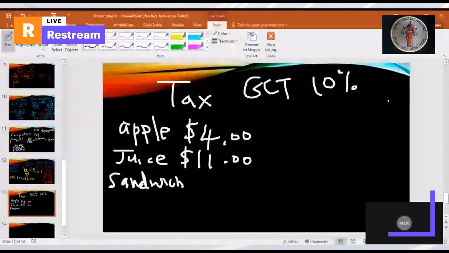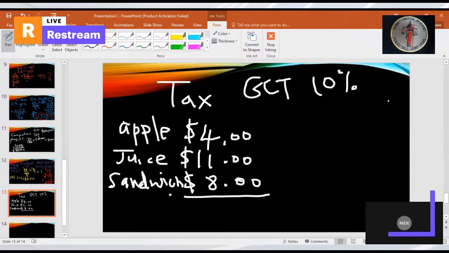So how much money would you have to give the cashier? So what we need to do is add the cost of the apple, the cost of the juice, the cost of the sandwich. So when we add those up, we get 8 and 11 is 19 and 4 is 23. And so that's $23.